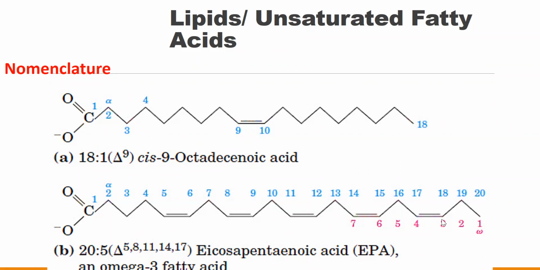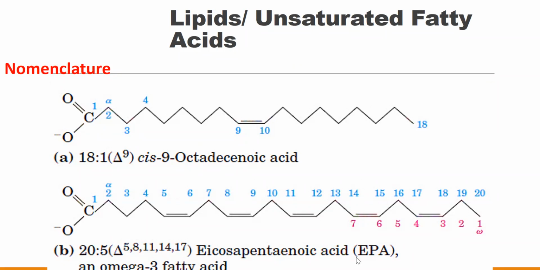For example, the first carbon, this end, will be omega 1, 2, 3. And the first appearance of the double bond is indicated by omega. So here, the omega is in carbon 3. So you call this an omega-3 fatty acid, EPA.